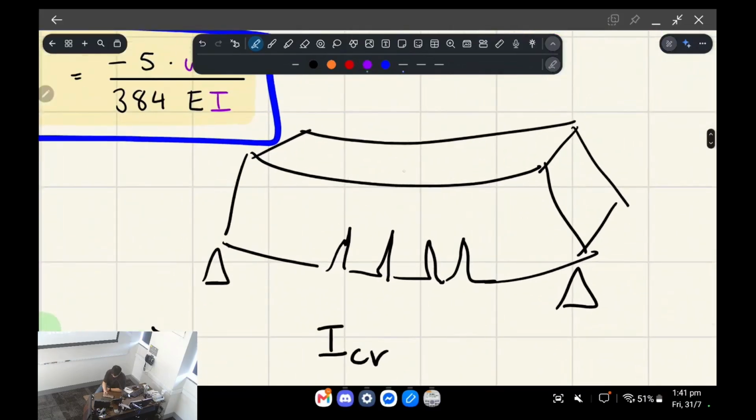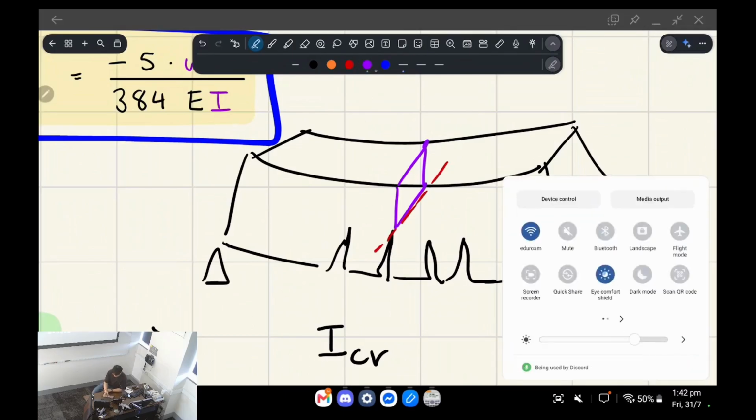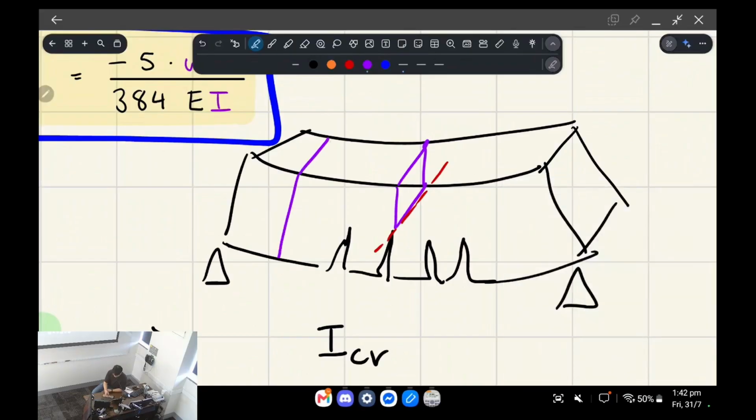If I took a cross section right here, what I've drawn in purple is the area of concrete that we take the stiffness of, so that's above the neutral axis. That's a cracked section. And over here, the concrete's not cracked. So some parts of this concrete beam are cracked and some parts aren't.